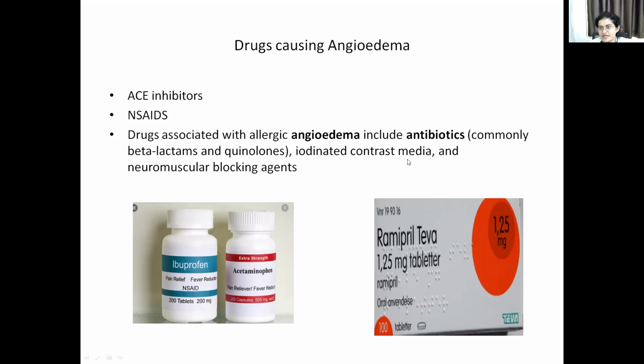Iodinated contrast media: during any radiographic diagnostic procedure, when they inject a contrast media, there is a chance of developing a hypersensitivity reaction which leads to angioedema. And neuromuscular blocking agents. Main drugs are ACE inhibitors, NSAIDs. Other drugs you can write are antibiotics, beta-lactam and quinolones, then iodinated contrast media and neuromuscular blocking agents.